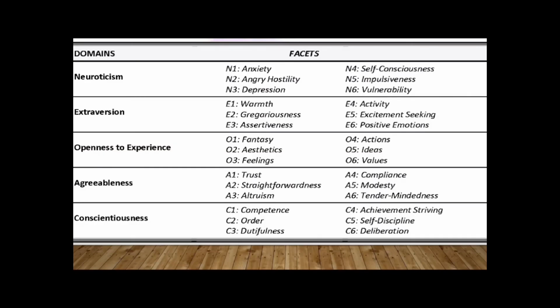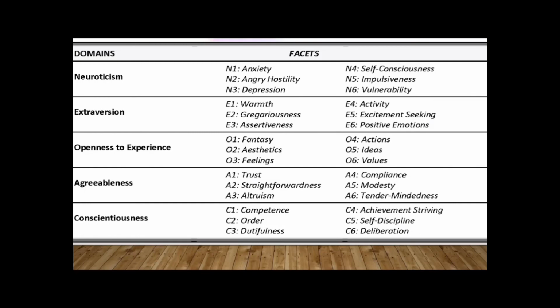The NEO-PI-R provides for the measurement of five domains. Neuroticism domain, referred to as the emotional stability factor, taps aspects of adjustment and emotional stability, including how people cope in times of emotional turmoil.